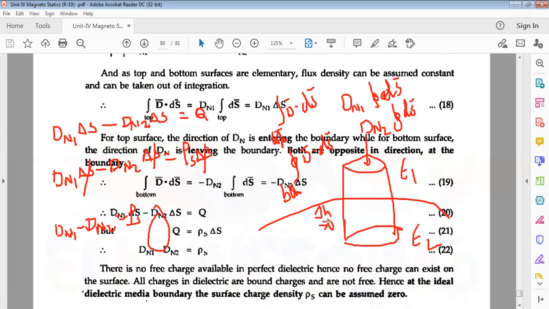In the previous case, at the bottom we had the conductor. Inside there is no surface charge density or charge density, but on the surface there is a surface charge density. But here both are dielectrics. Assume rho s is 0.